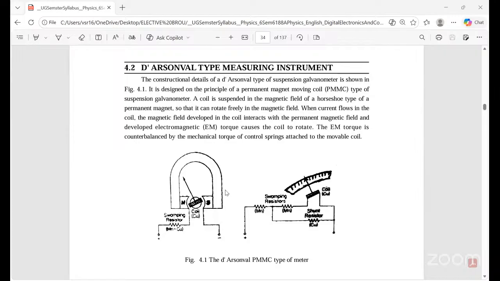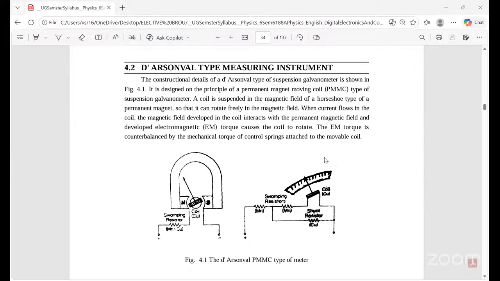That means the coil which is interacting. You can write it down. I will give you that question on the first page of this. So here there is an electromagnetic torque which is going to be developed.